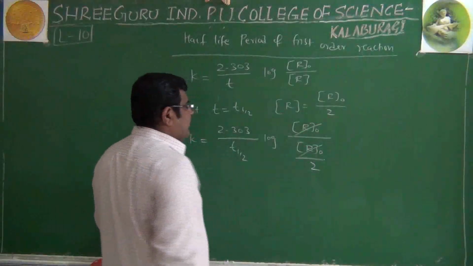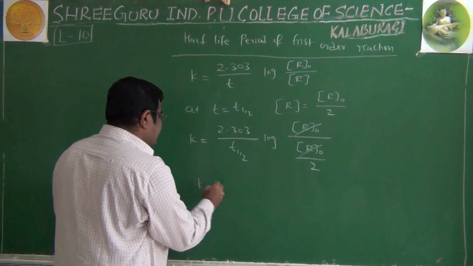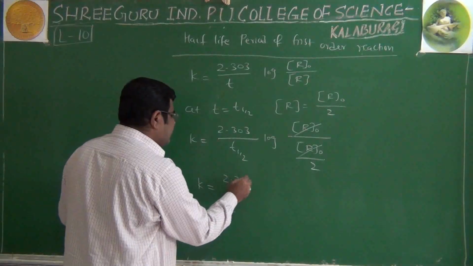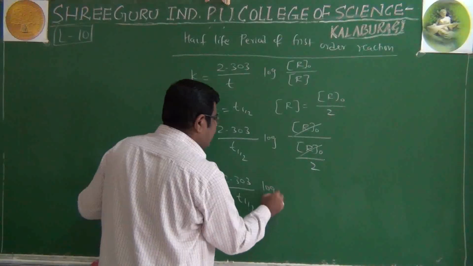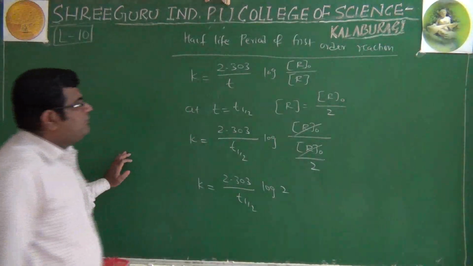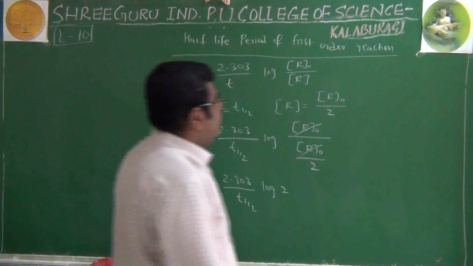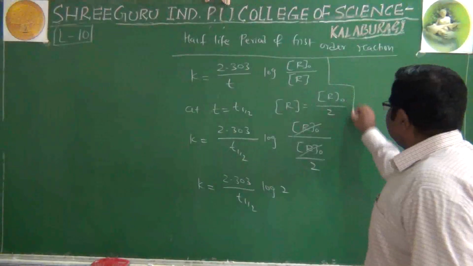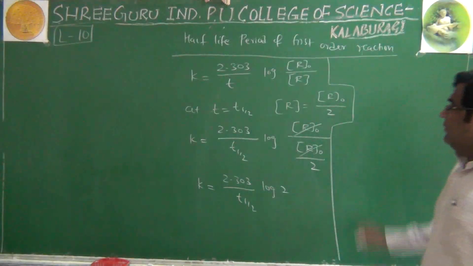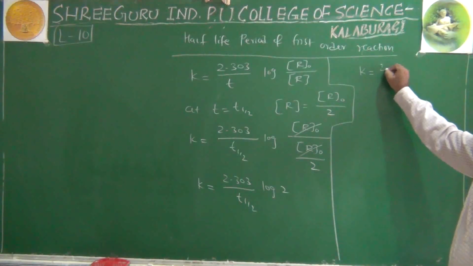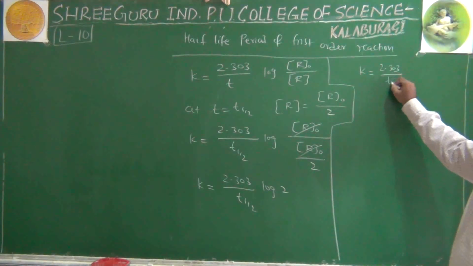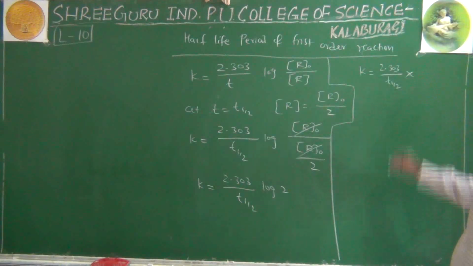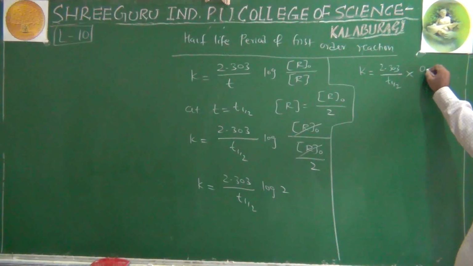Of course, this we can cancel here, and we can write k equals 2.303 by t half, and this is log 2.